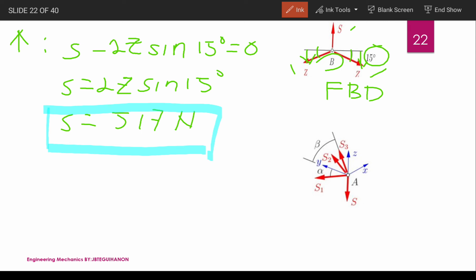So, pupunta ka ngayon sa original na situation, which is pinapahanap sa iyo yung bar 1, diba? Bar 3, ito yan, eh. Ito yung bar 2. So, mayroon kang S. S mo is ito.